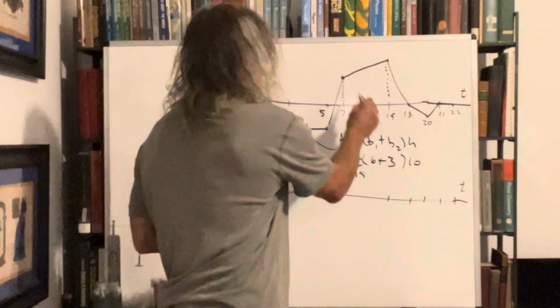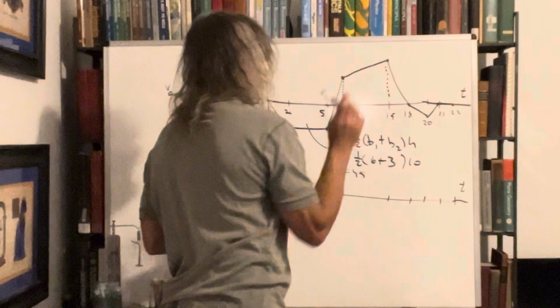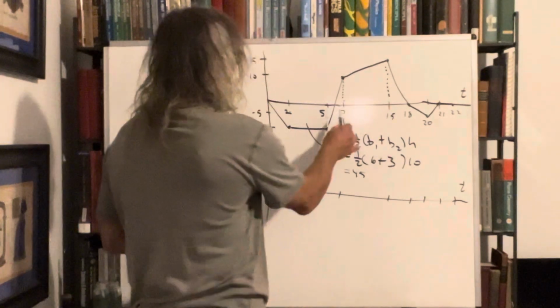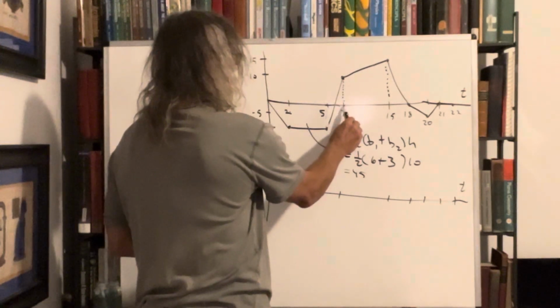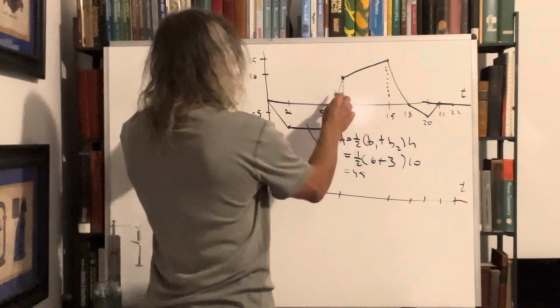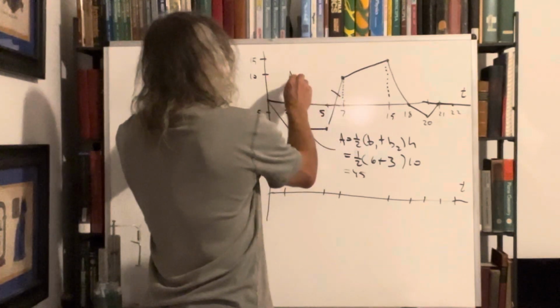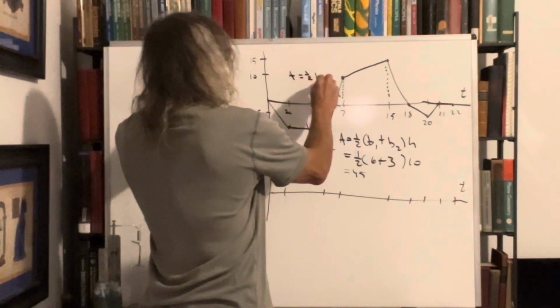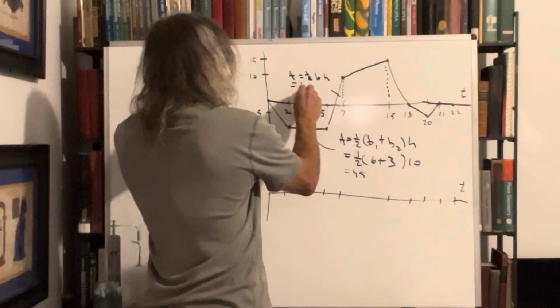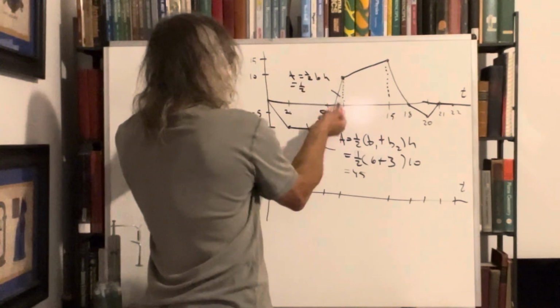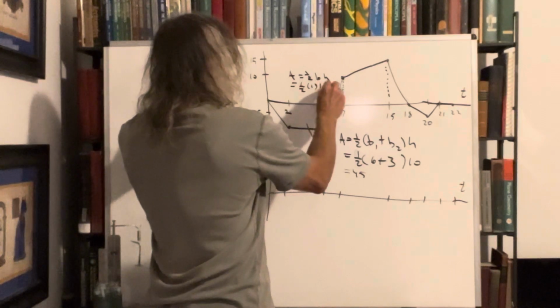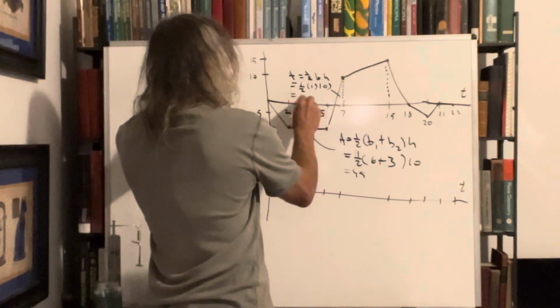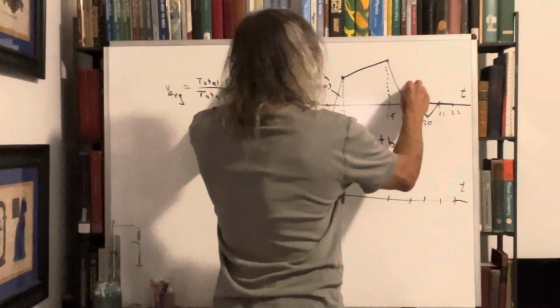Or you can go across and have three triangles and a rectangle. But this is 1 by 10. Area of a triangle, 1/2 base times height, 1/2 times 1 times 10, and that'll be 5.